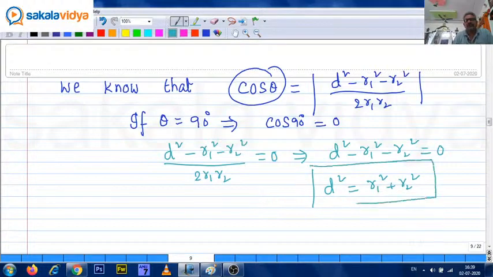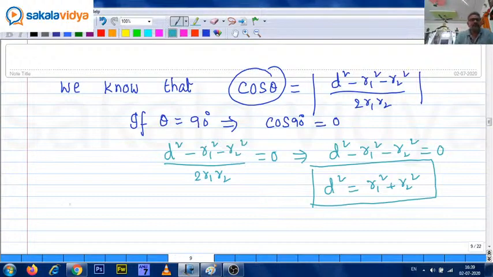Suppose D square is equal to R1 square plus R2 square, then the angle between the two circles is 90 degrees. If the angle between the two circles is 90 degrees, they are said to cut orthogonally. They are orthogonal to each other.